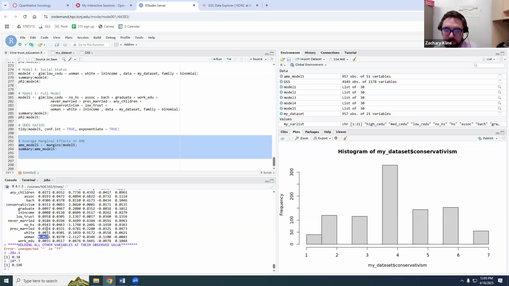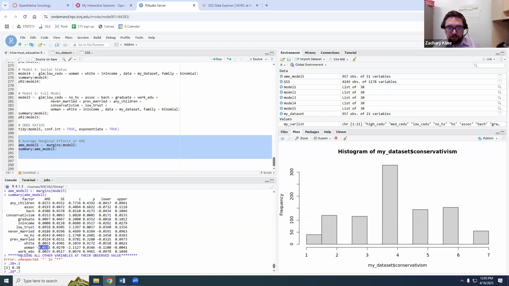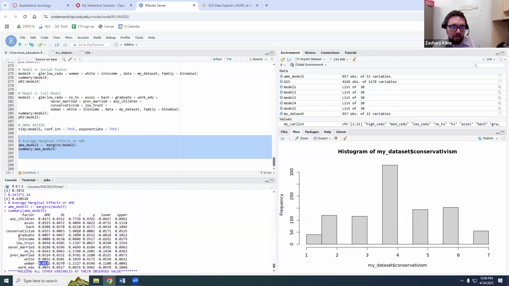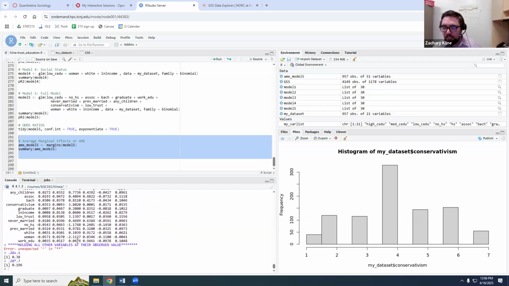So they're going to be a little bit different because again we're holding constant versus holding at observed values. Really this one's for an increase from our intercept, which is a little bit different, but I just want to make sure we're seeing the difference between a marginal effect and an odds ratio change. That's the key thing I want to make sure we get.